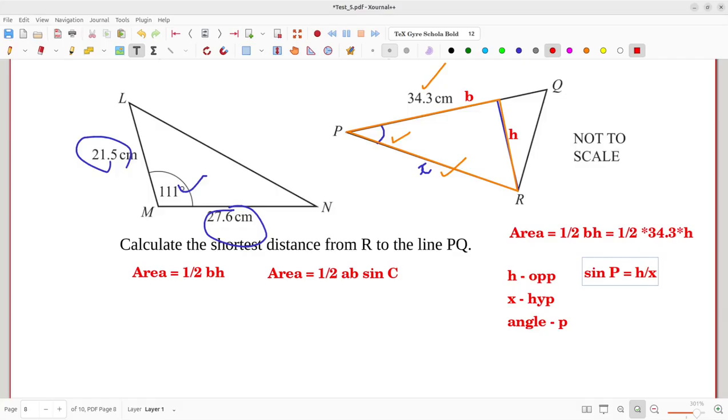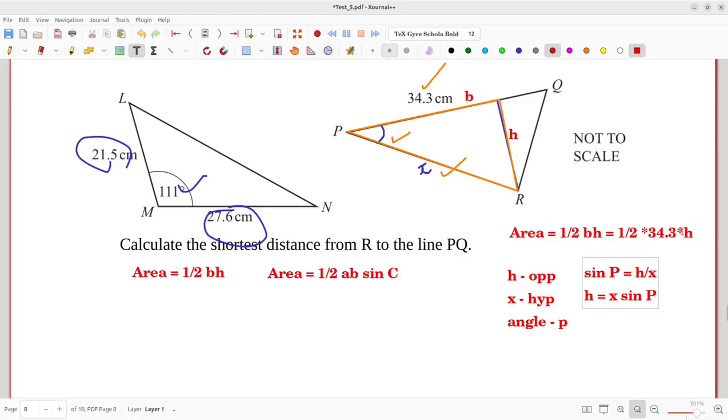So from there, multiply by x both sides, then I know h will be x sine p.